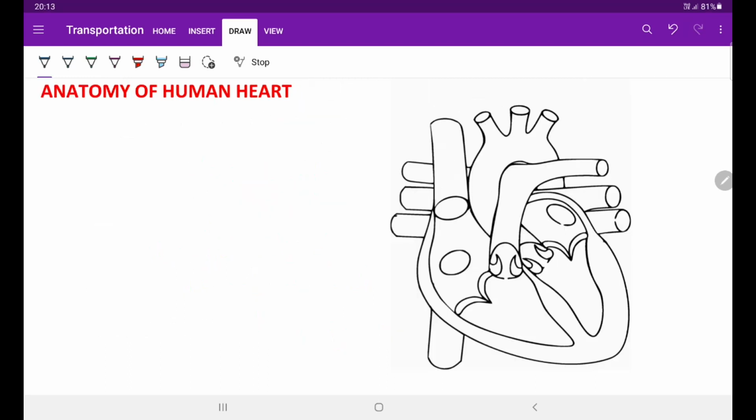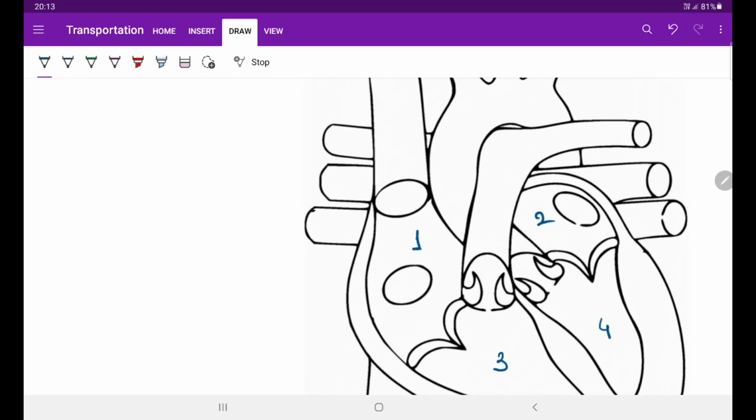Now we will study the anatomy of the human heart. The human heart has 4 chambers. Let us see here: first, second, third and fourth. So what are these 4 chambers named?